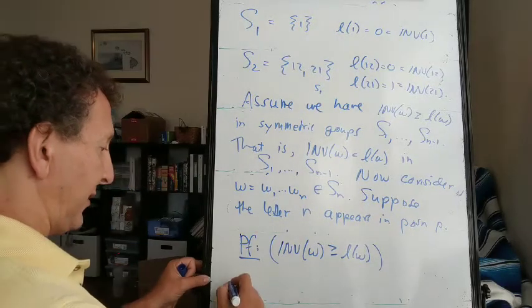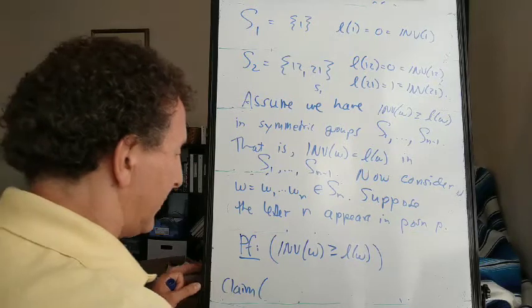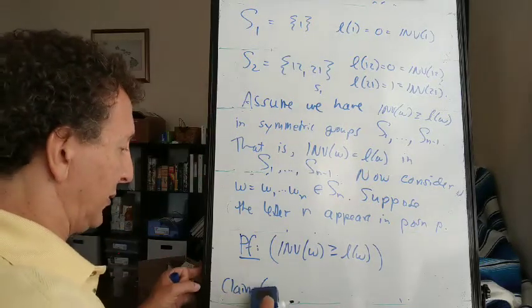So let's just keep this down here. We're claiming that inversions is greater than or equal to length.